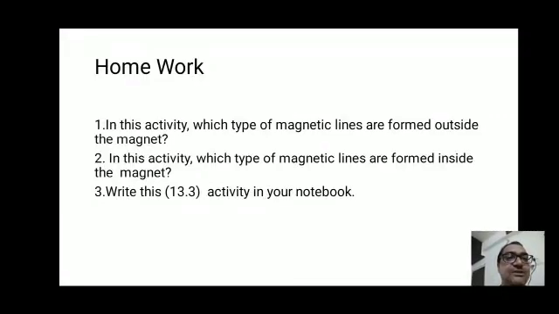Second question: in this activity, which type of magnetic field lines are formed inside the magnet? In the same way, mention one word only for these two answers. And the third question: write this particular activity 13.3 in your notebook and draw the two diagrams. Students, write all these three questions and answers in your physics notebook and understand this activity.